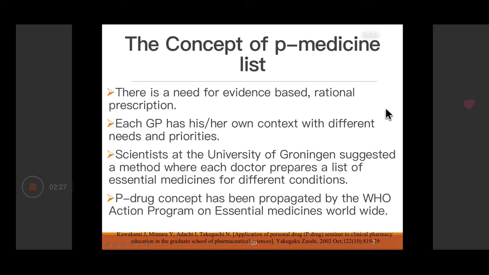There is a need for evidence-based rational prescription. Each GP has his or her own context with different needs and priorities. So everywhere the needs are different, priorities are different, the diseases are different. So one has to formulate the P medicine based on the available resources and the prevalent diseases of the area.